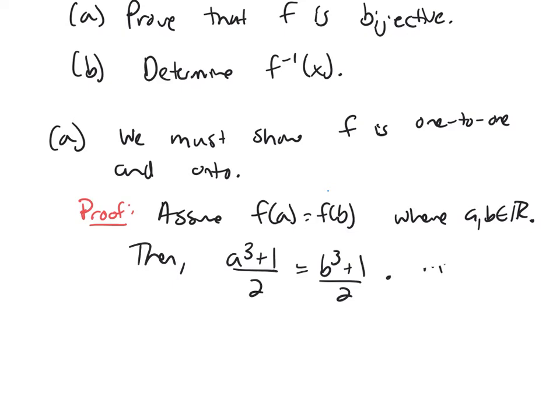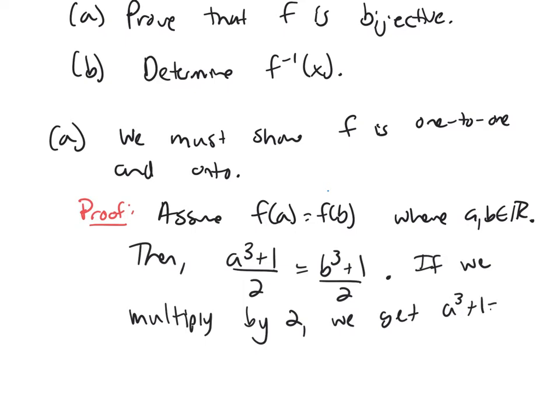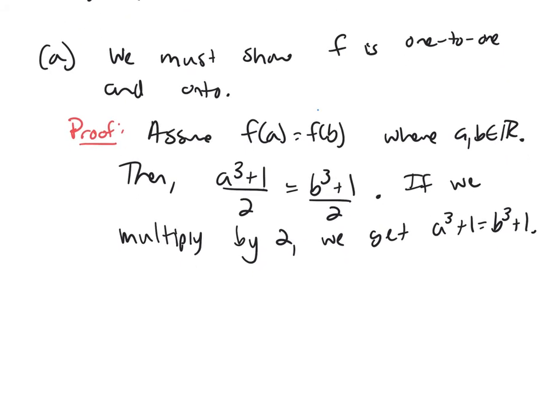So if we multiply by 2, we get A cubed plus 1 equals B cubed plus 1. And then subtracting 1, we get A cubed equals B cubed.